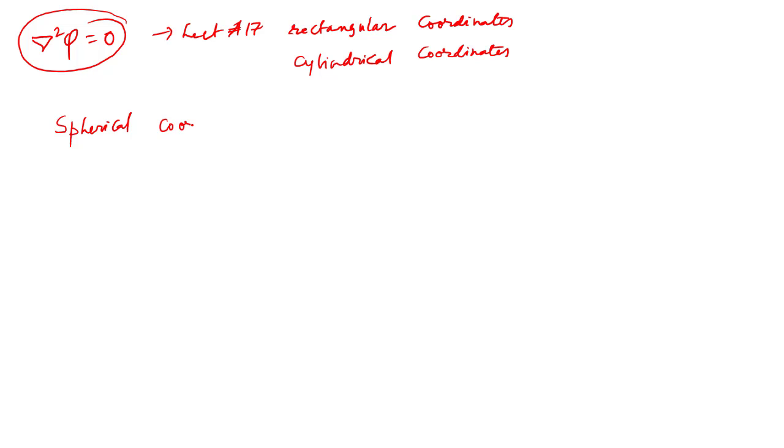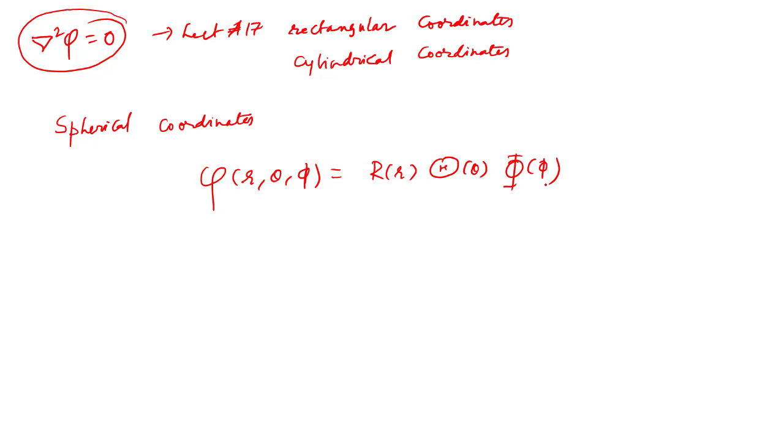So in spherical coordinates, we have r, theta, and phi, and we're going to write the function phi of r, theta, and phi as R of r, Theta of theta, and Phi of phi. Like I mentioned earlier in the Zoom meeting, this is the coordinate phi, and this is the potential phi.